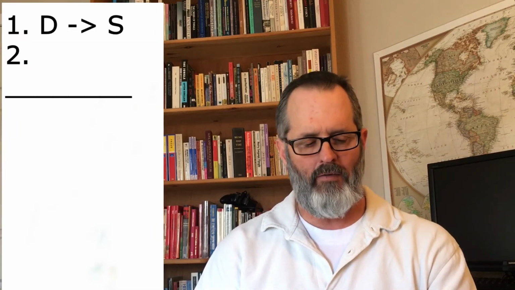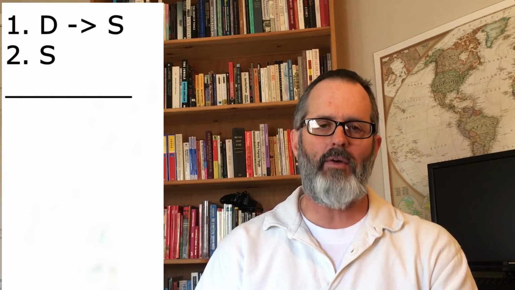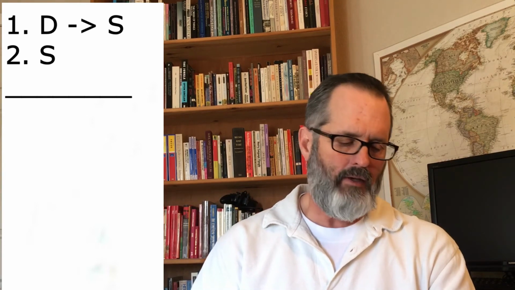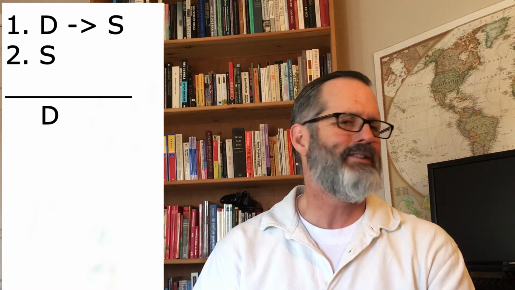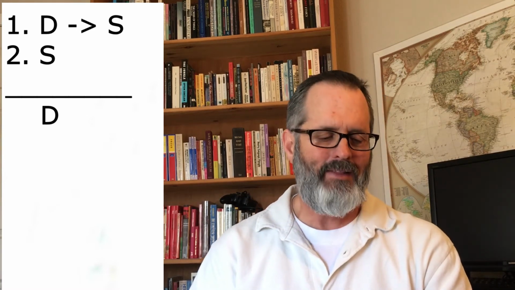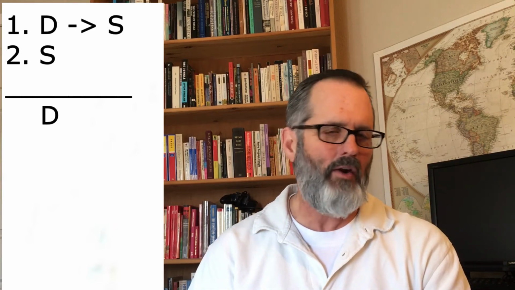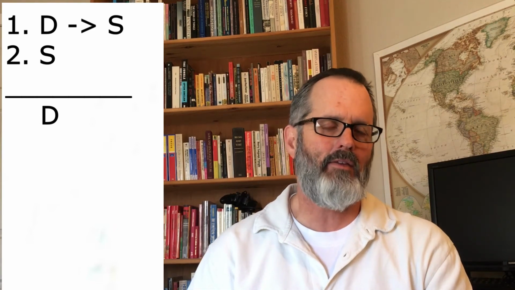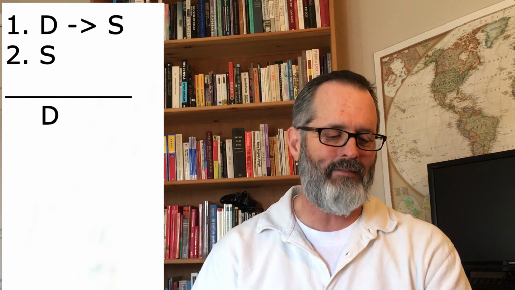If D, therefore stumbling, S. Premise 2, Doug is stumbling around, so S is true. Does it follow? Conclusion, D is true? No. If you look at it, that doesn't follow from the first premise. If D leads to S, we don't know what follows from S, right? So we have the causal direction backwards, so this is invalid.